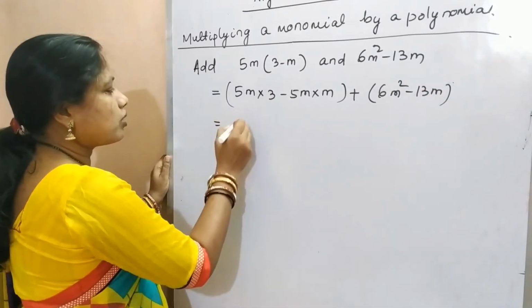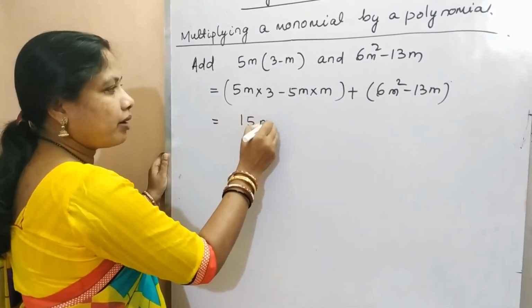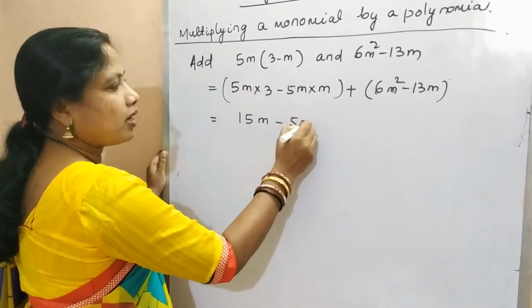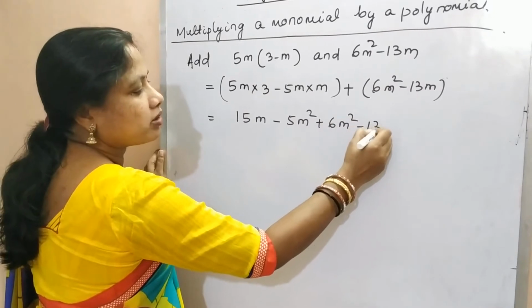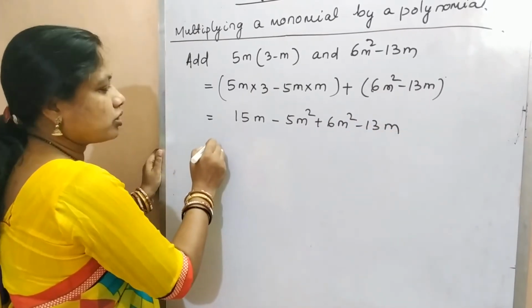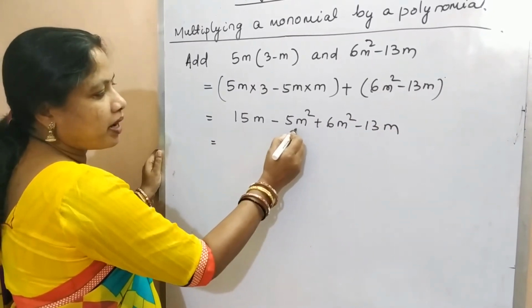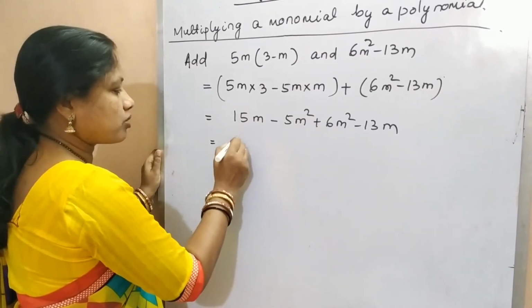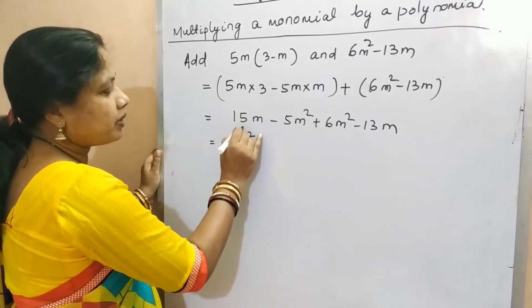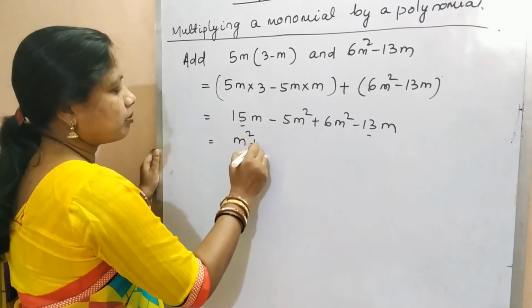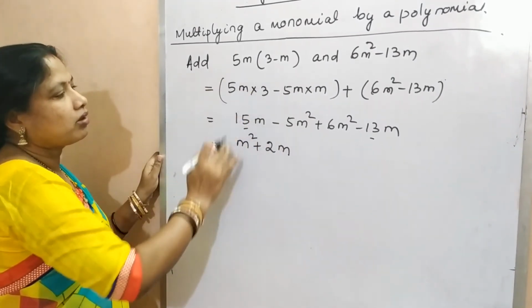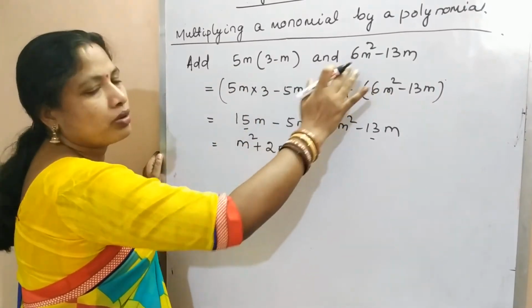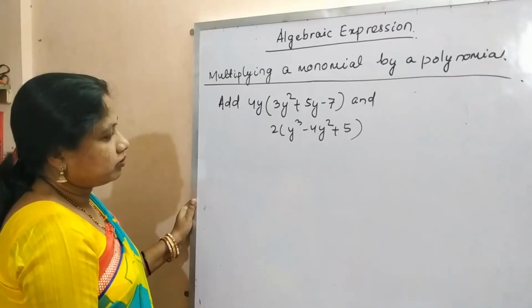So this is equal to 15m minus 5m square plus 6m square minus 13m. So this is equal to minus 5m square plus 6m square, that is m square, and 15m minus 13m, that is plus 2m. So this is the simplification or addition of these two algebraic expressions.